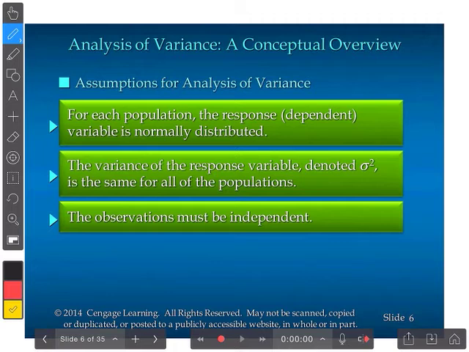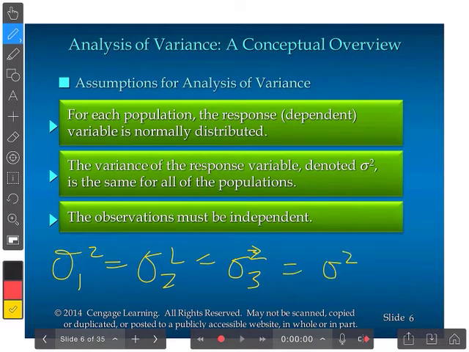So in other words, if I have three populations, then sigma 1 squared is equal to sigma 2 squared is equal to sigma 3 squared is equal to sigma squared. In other words, they are all equal to a constant, all right? And that is important because the whole way in which we construct the analysis of variance is that we will try to estimate sigma squared with these two approaches, all right?